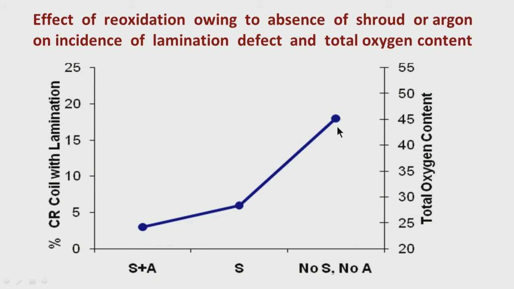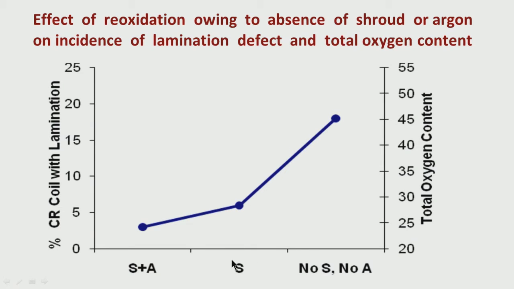So, where has it come from? Because we have not used shroud, we have not used argon. So, a lot of oxide inclusions, alumina oxides, have formed. This will create a lot of cleanliness problems. If you use just the refractory shroud, this comes down from 45 ppm to around 30 ppm or slightly less. Just imagine the effect of shroud.